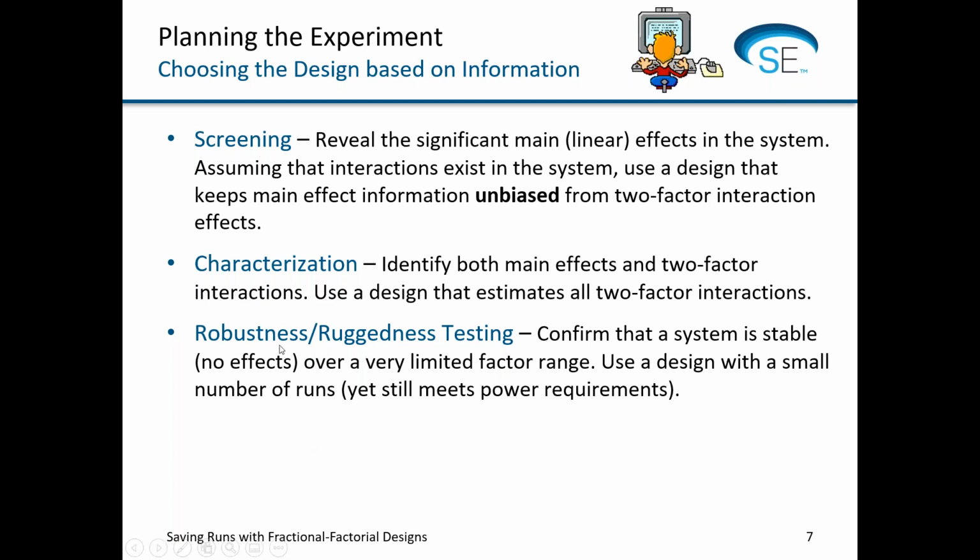They want you to do some robustness or ruggedness testing at the end of your process to confirm that over a small range of factor settings, there are no effects that are going to negatively impact the quality of the product.